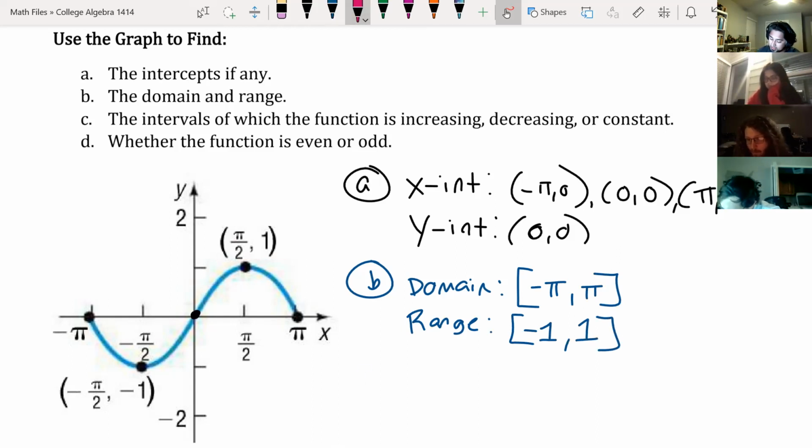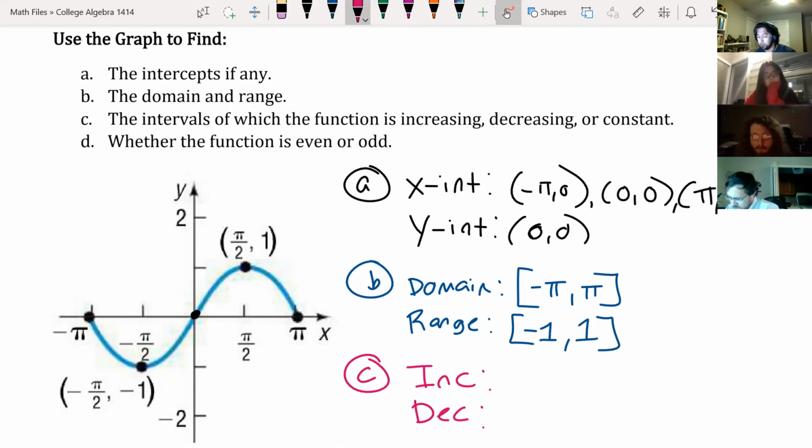Okay, let's see. Intervals of increase, decrease, or constant. Whenever you read intervals of increase and decrease, you only state x values, and we read the graph from left to right.